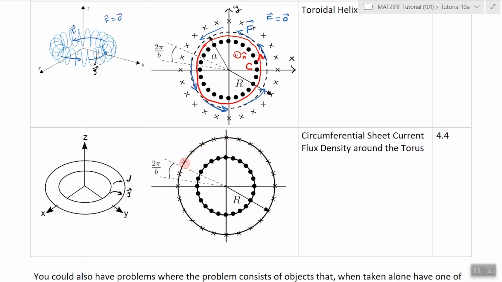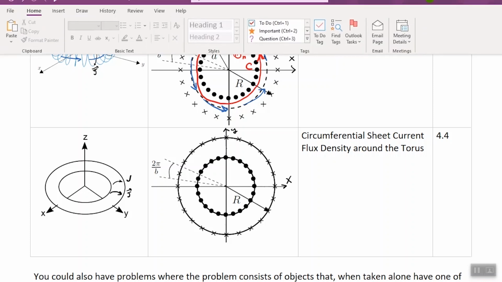The cross section, the trace would look very similar. I just drew these circles here to sort of show that it's a shell instead of individual wires. But really, I could have just copy-pasted the same image because there is really not much difference. The field is also going to be in the same direction, and you would want to choose the same contours.